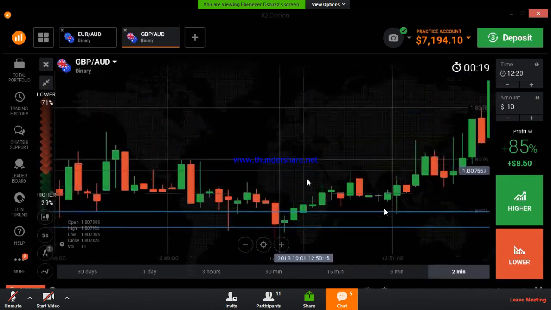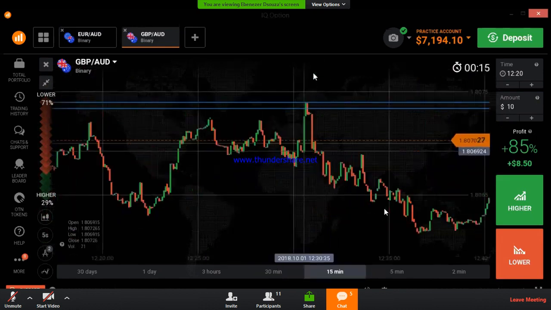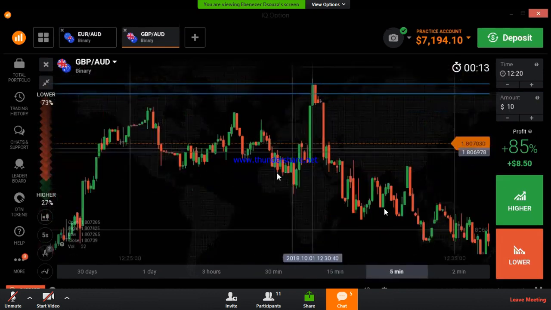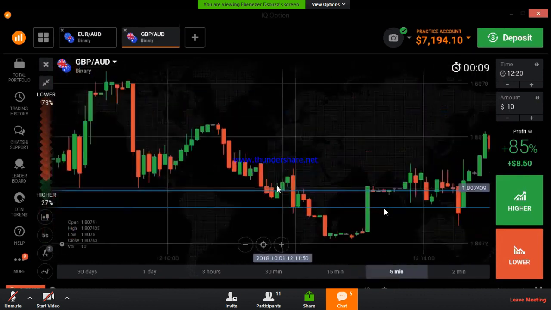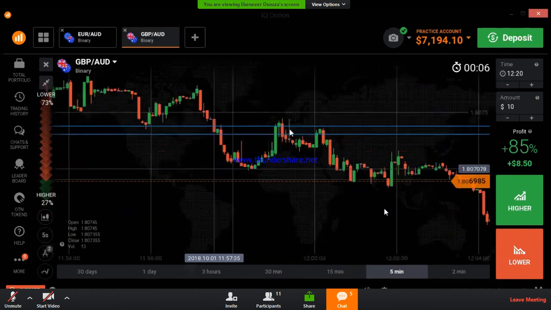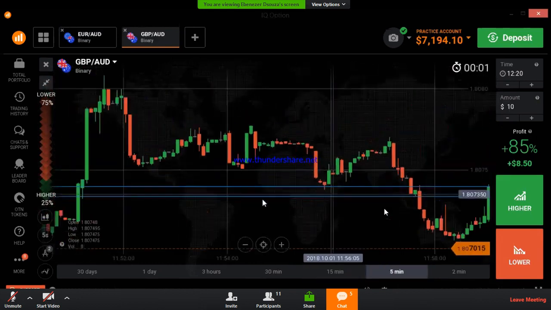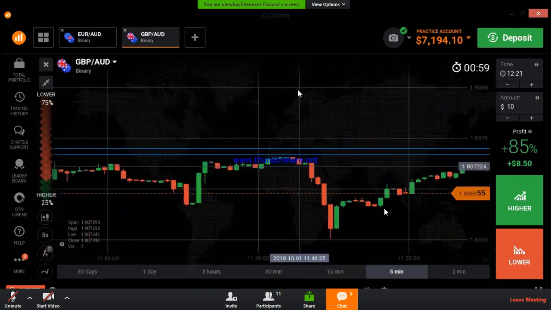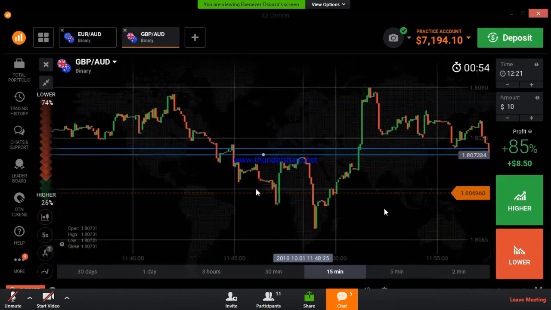There are so many confirmations here, and some small confirmations. You can see the strong confirmation here. So the market is reversing from this level, it is taking a U-turn.